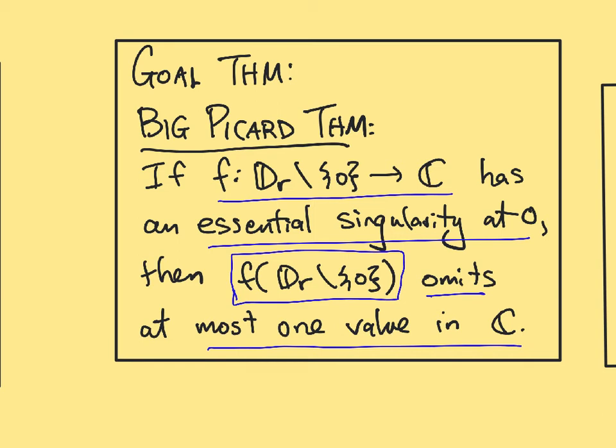So not only is it dense, but it hits everything in the complex plane with at most one exception. And again, you could apply that to smaller and smaller disks. The same thing holds on every one of these for R_n going down to 0. So on every smaller punctured disk centered at 0, the image of f there will hit everything with at most one exception.